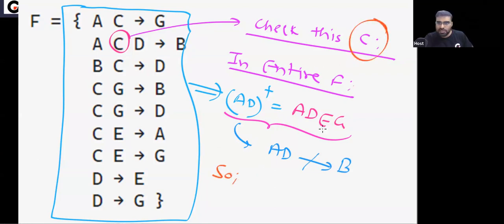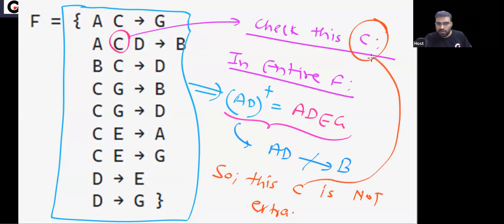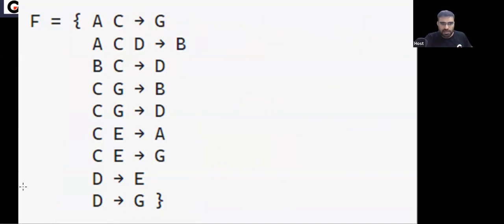This C that you are checking is not extra. Is this clear? Let me know. Understood? Quite simple. Let's see another example in the same question.